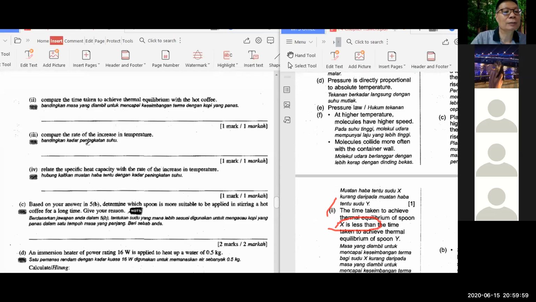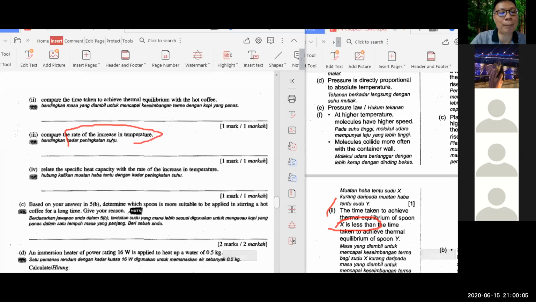Next. Compare the rate of increase of temperature. What is the meaning of that? Rate of increase in temperature. In other words, it means whose temperature increases faster. So you already know, X is faster, X gets hot faster.